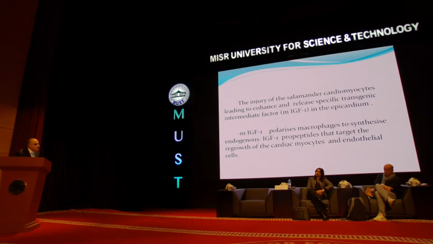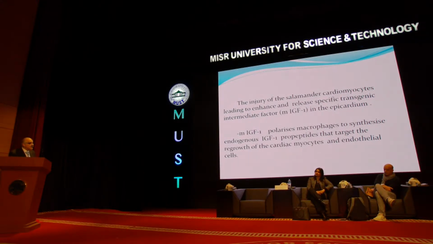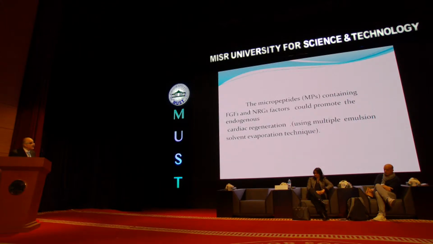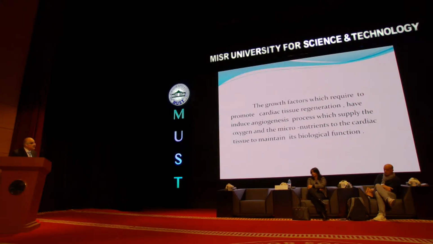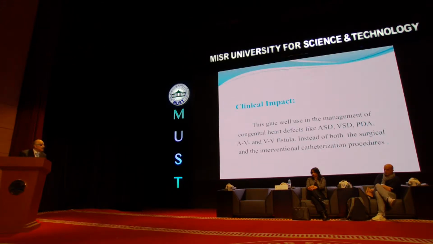The intermediate factor polarizes macrophages, and then the microparticles containing these factors could promote the endogenous cardiac regeneration using the multiple emulsion solvent evaporation technique. The growth factors required to promote cardiac tissue regeneration induce the angiogenesis process, which supplies the oxygen and the micronutrients to the cardiac tissue, and maintains the biological function.